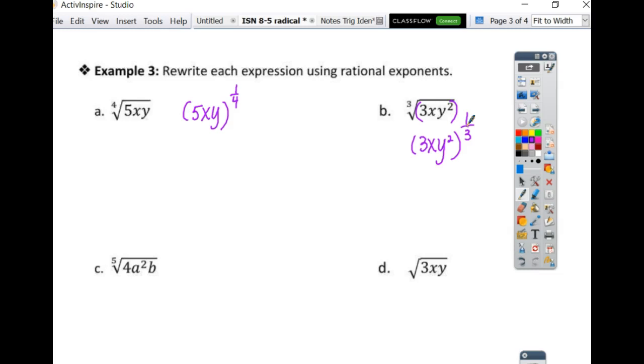The 2 is with the y. Put parentheses around what's inside. And what goes on the bottom? 5 and 1 on top. What do I write here? What's here, guys? It's not a 1. It's 2. We don't write it down, but it's always 2. It's a square root.